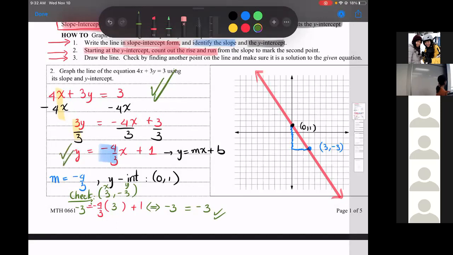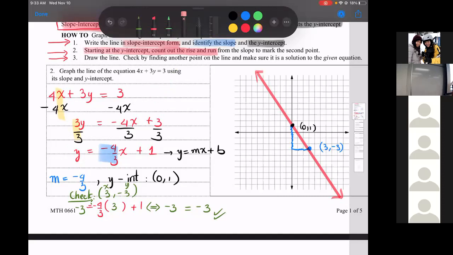For me, the fraction is easy because I already solved for y. It's up to you, but I prefer the y-equals form. 3 is your x value. -3 is your y value. And you plug it in here. What should I plug in here?